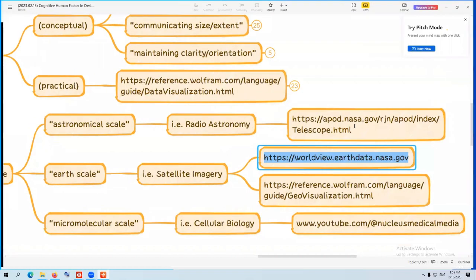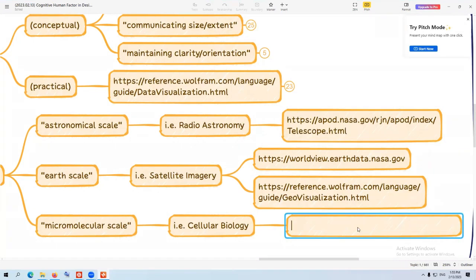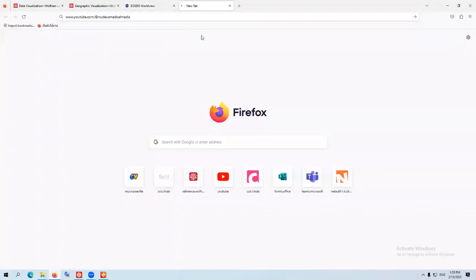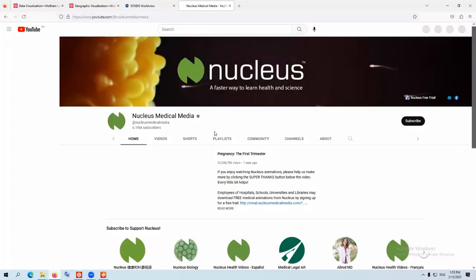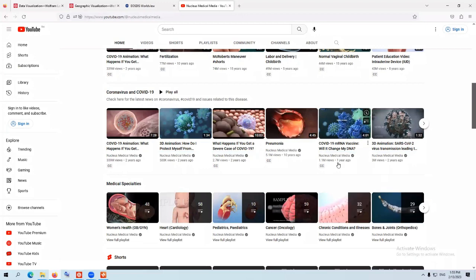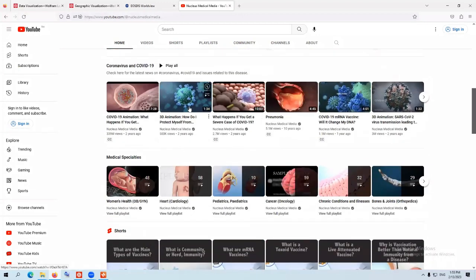Now, across astronomy, finally, the very small, and this is very fun. This is not data visualization per se, because it's more like a representation. All these things you can look at are highly elaborate 3D animations.